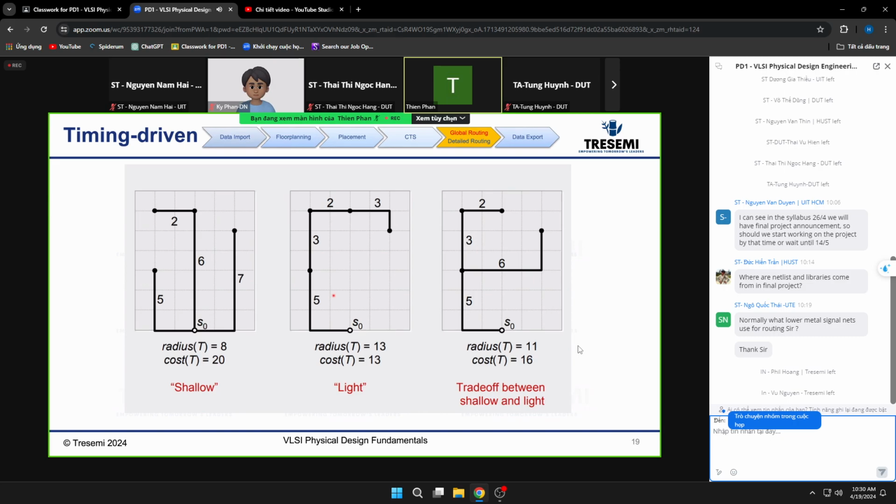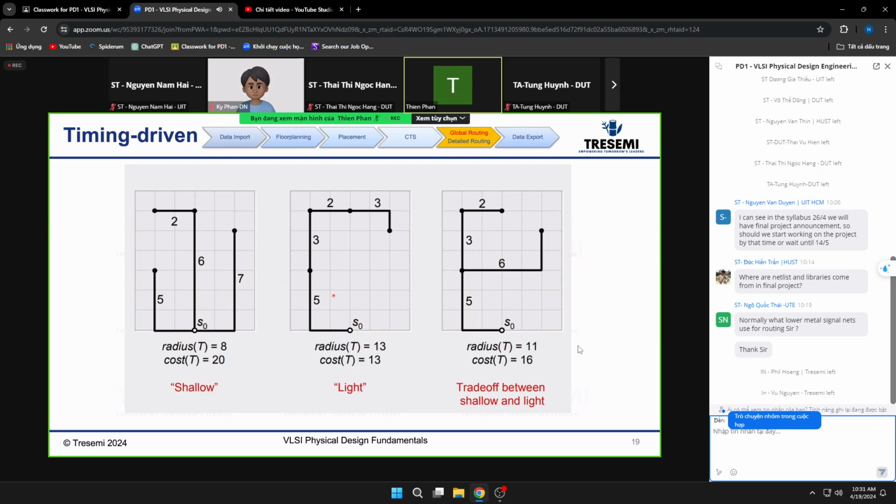And the same thing with crosstalk as well. Previously you said, I want the minimum tree. But it happened that many nets actually run along each other, causing crosstalk. So now, if I'm in a critical net, I can reroute it.